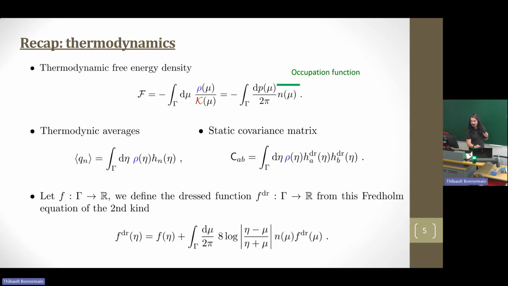This dressed function is defined by solving a Fredholm equation of this kind that involves the phase shift. This dressing operation is pretty important in GHD, and as you will see, many results can be written in terms of the dressed quantities.